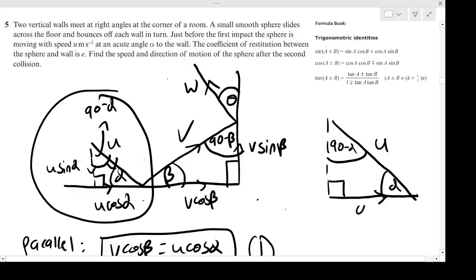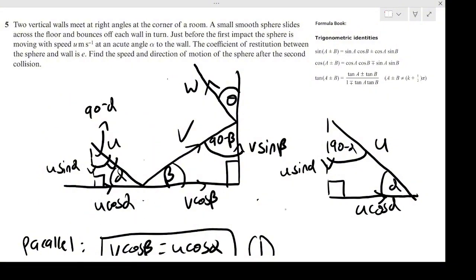We said this is u cos alpha, and this side is u sine alpha. Now, what if, instead of considering alpha here, we did SOHCAHTOA to the angle 90 minus alpha? You might realise the sines and the cosines will flip to the opposite.